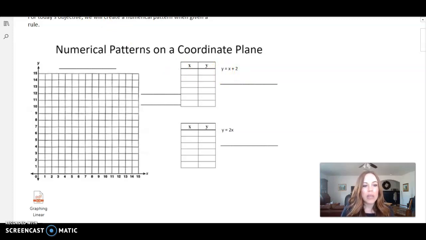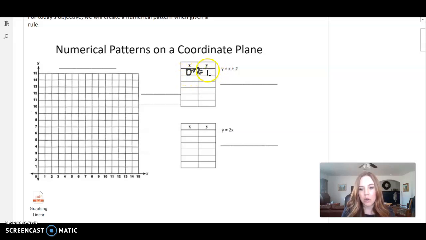I always like to start with 0. So let's always start with x being 0. If x is 0, I'm going to say 0 plus 2 is equal to, well, what's 0 plus 2? Here I can add my rule to help me remember what to do to this number in order to get my y.